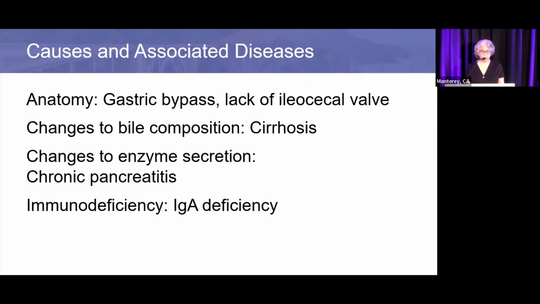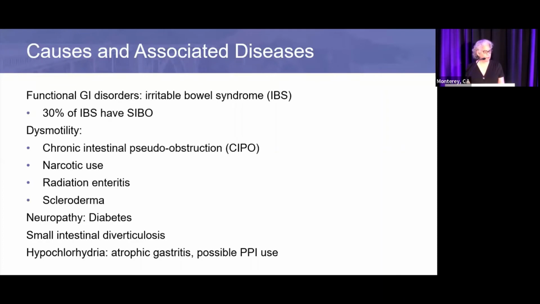Any critically low IgA deficiency, anything less than 7 milligrams per deciliter with normal IgM and IgG levels, carries a 10 to 20-fold increased risk for celiac disease. So we see a reduction in IgA in patients that have SIBO. 30% of patients with IBS do have SIBO, and we see them often.